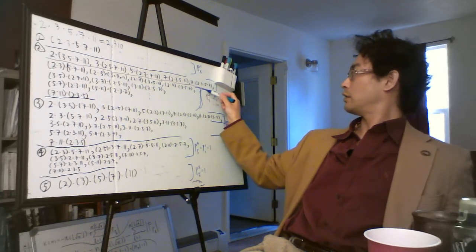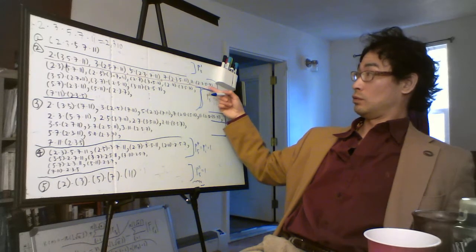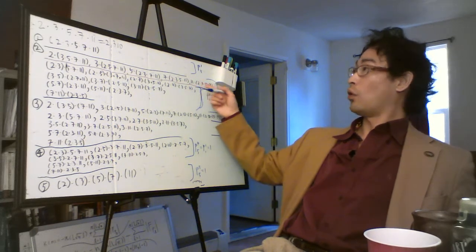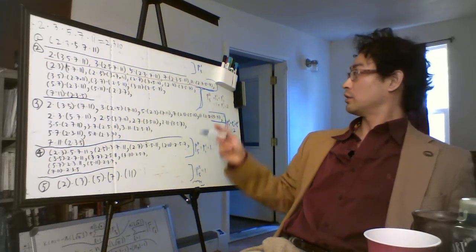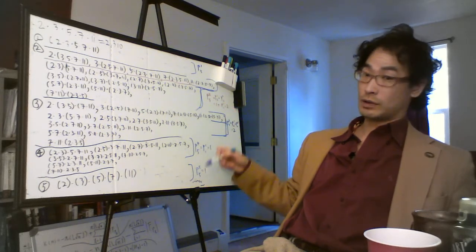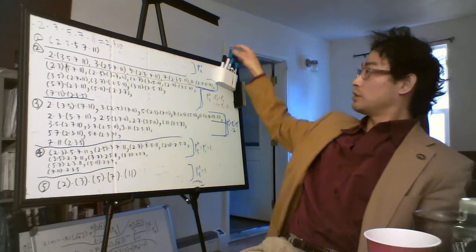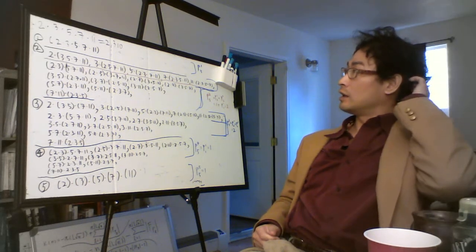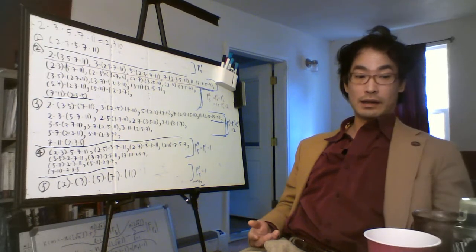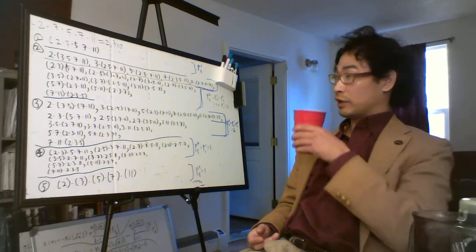Here you have 1 plus 4 or 2 plus 3. So that's why you have two subcategories. Okay, so that's the relationship between the multiplicative partition set and the additive partition set. Very good.